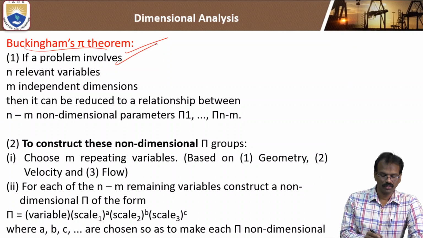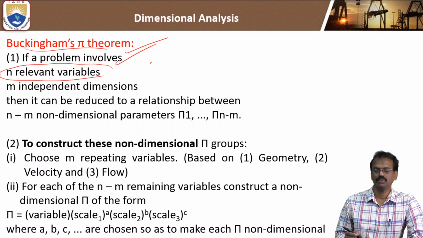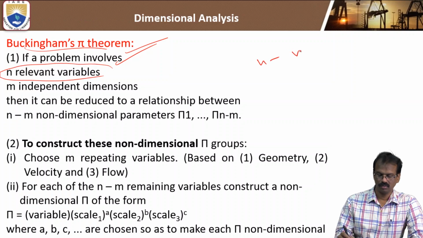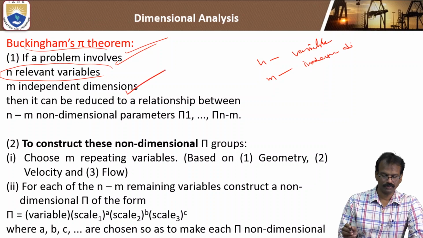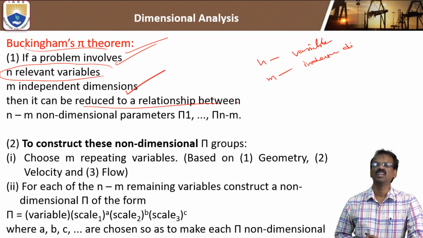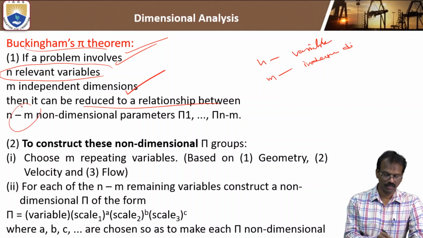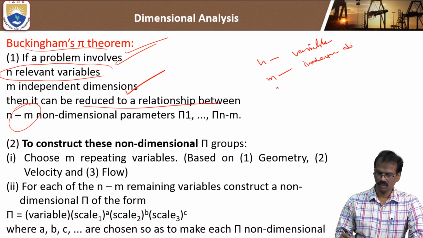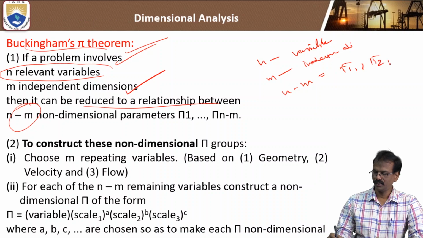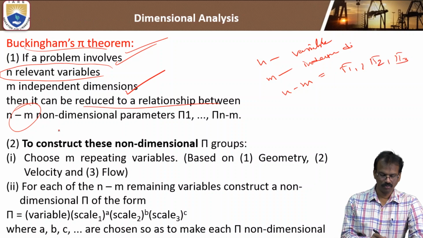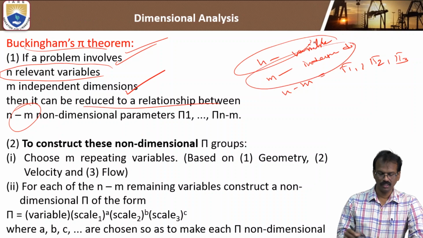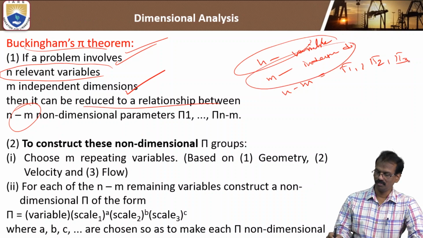If a problem involves n relevant variables, in which m is the number of independent dimensions, then it can be reduced to a relationship between n minus m terms, pi 1, pi 2, pi 3. If you know the n variables and identify the independent dimensions, then you can find the number of terms.